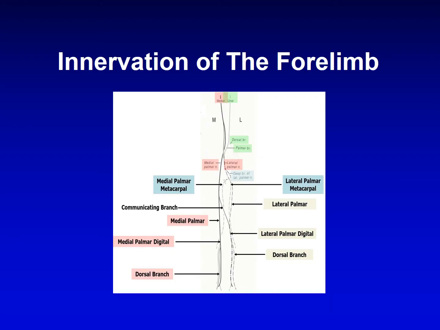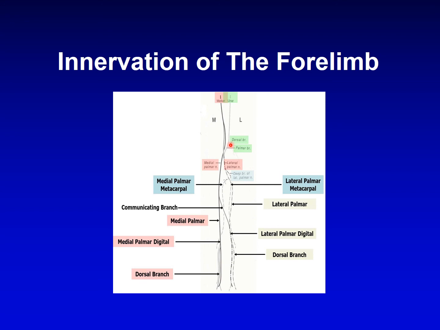Okay, so the nerves supplying the forelimb are the median nerve on the medial side of the forelimb and the ulnar nerve on the lateral side of the forelimb.